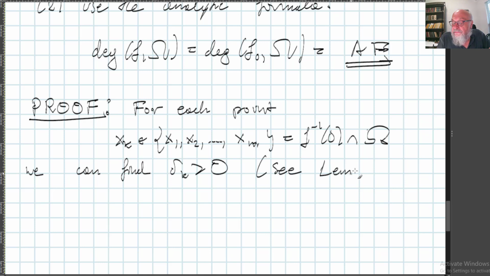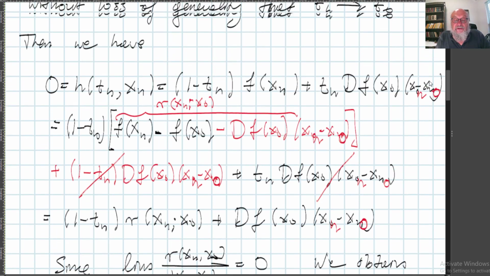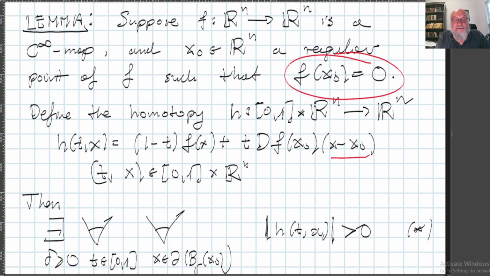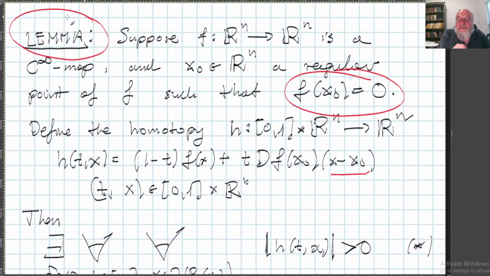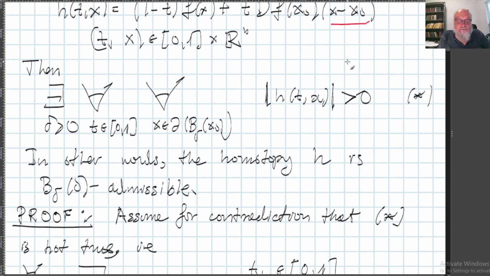And if you are not sure which one, let me show you this lemma. So this is the lemma that we were just proving. So there exists a delta such that this is an admissible homotopy.